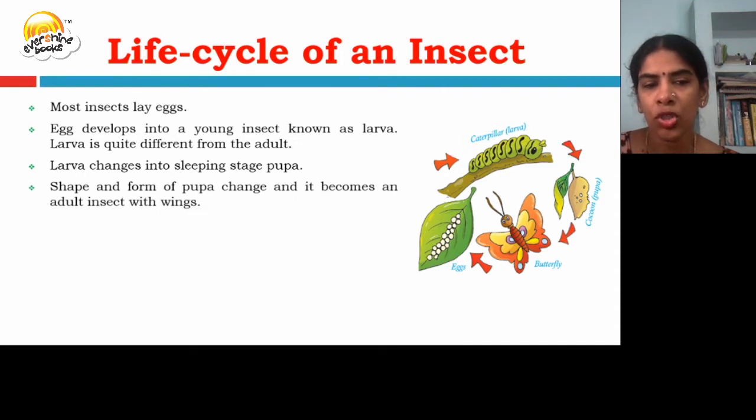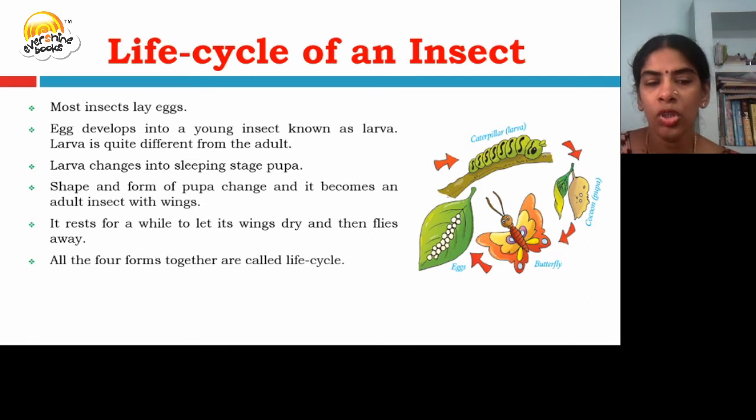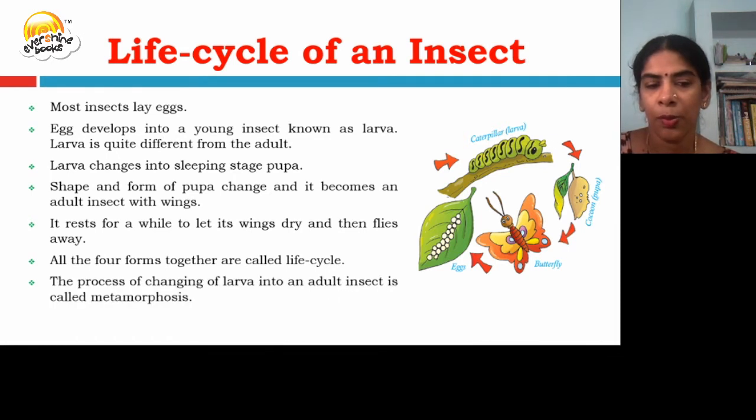The pupa also changes and becomes an adult insect with wings. It rests for a while to let its wings dry and then flies away. All the four forms together form a life cycle. The process of changing of larva into an adult, we call metamorphosis.